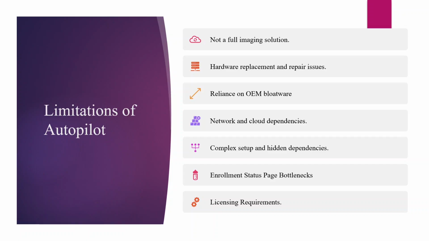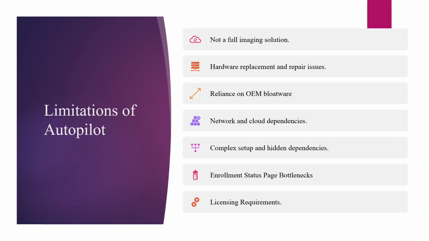Reliance on OEM bloatware. Because Autopilot transforms the factory installation, we are subjected to the OEM's preloaded software. The IT teams often have to write custom PowerShell scripts or request clean vendor images to scrub the junk. Cloud and network dependencies.